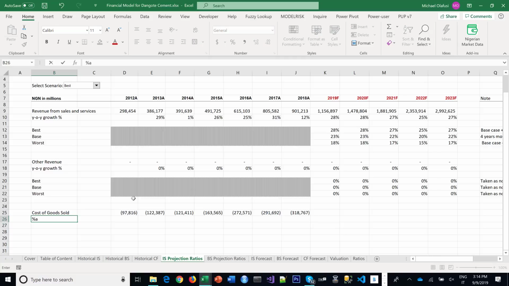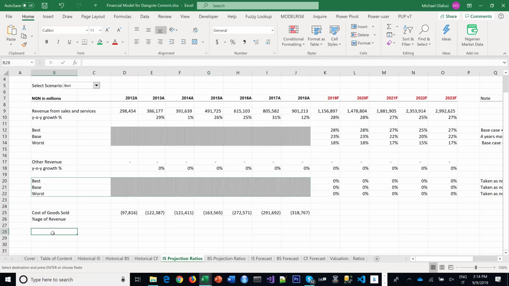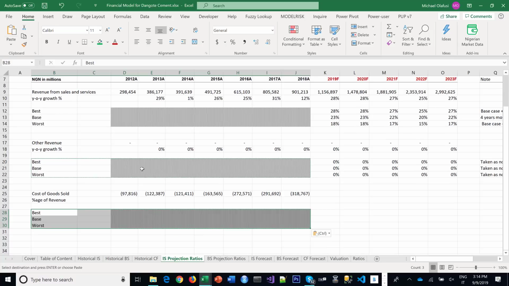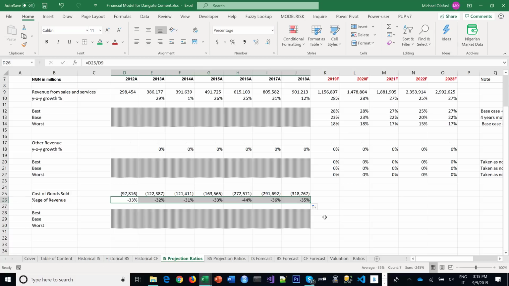I'm going to say as percentage of revenue, and then I'm going to do all of this again. So as percentage of revenue means I'm going to pick the expense, divide by the revenue. I can make it as percentage, I drag it forwards, and then I can use the same approach of moving average, right?